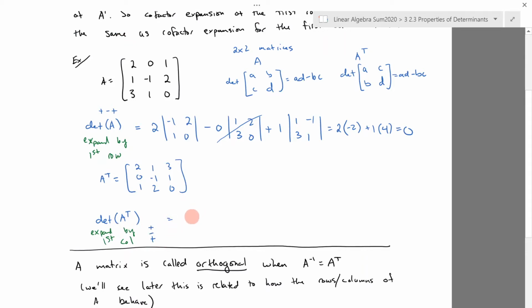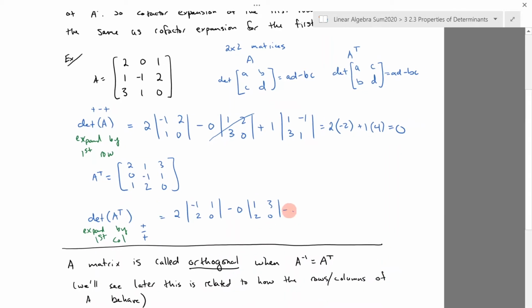So I get 2 times the submatrix negative 1, 1, 2, 0, minus 0 times the submatrix 1, 3, 2, 0, plus 1 times the submatrix 1, 3, negative 1, 1.